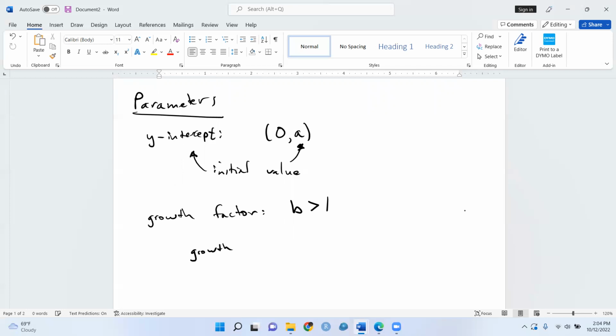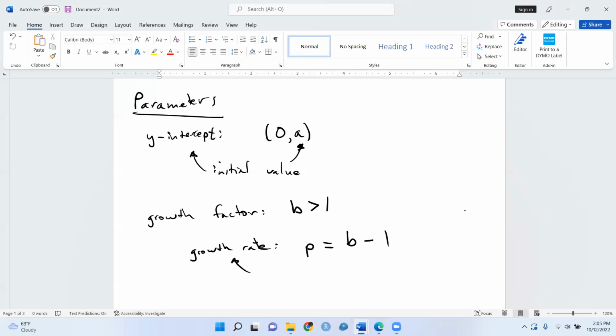I am going to label the growth rate with a lowercase p, since it's a percent. The growth rate is calculated this way: that little p is equal to b minus 1. So if we know the growth factor and we subtract the 100% away from it, we get the growth rate.